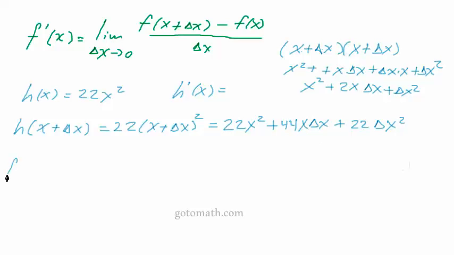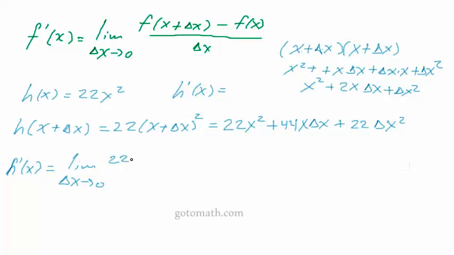Now we're going to write h prime of x is equal to the limit as delta x approaches 0. Alright, and so we go ahead and rewrite all this.